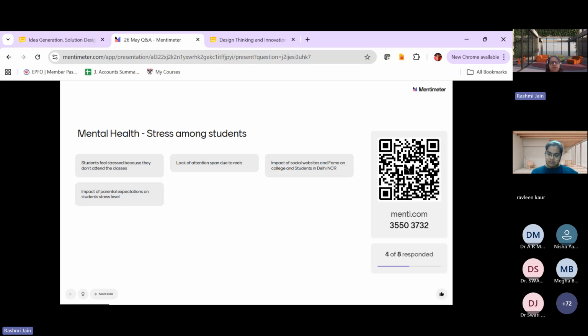You can have two, three responses more. Try to frame it in a manner that you're able to bring out measurable results. Impact of peer pressure on a student's stress level. When you say that, I think we can frame it a bit more, because when we frame our problem, it should be measurable.